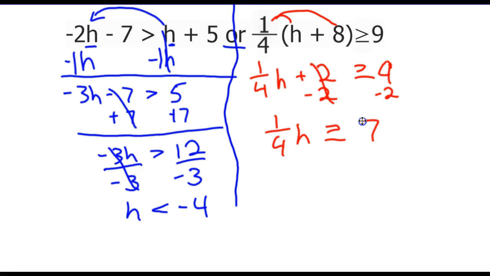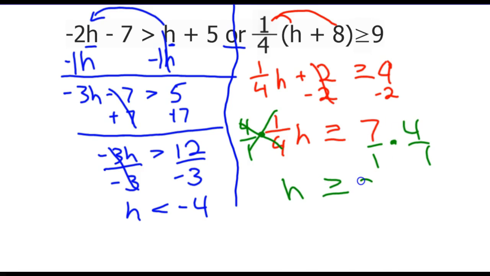Now we have to find a way to get rid of that fraction. When we get rid of a fraction, we have to multiply by the reciprocal, so 4 over 1 instead of 1 over 4. Those cancel out. We also have to multiply 4 over 1 here. So we have h is greater than or equal to 7 times 4, which is 28. 1 times 1 is just 1, so we know that h is greater than or equal to 28.